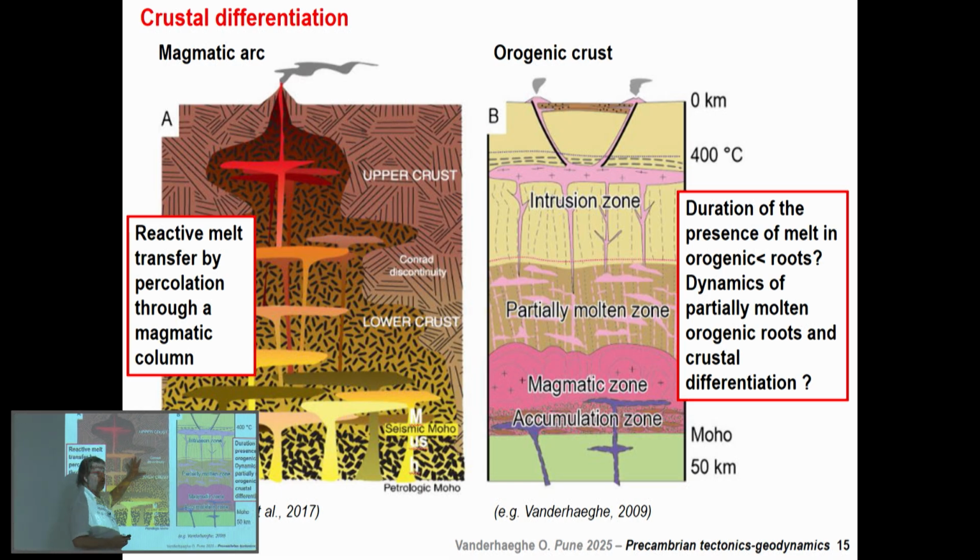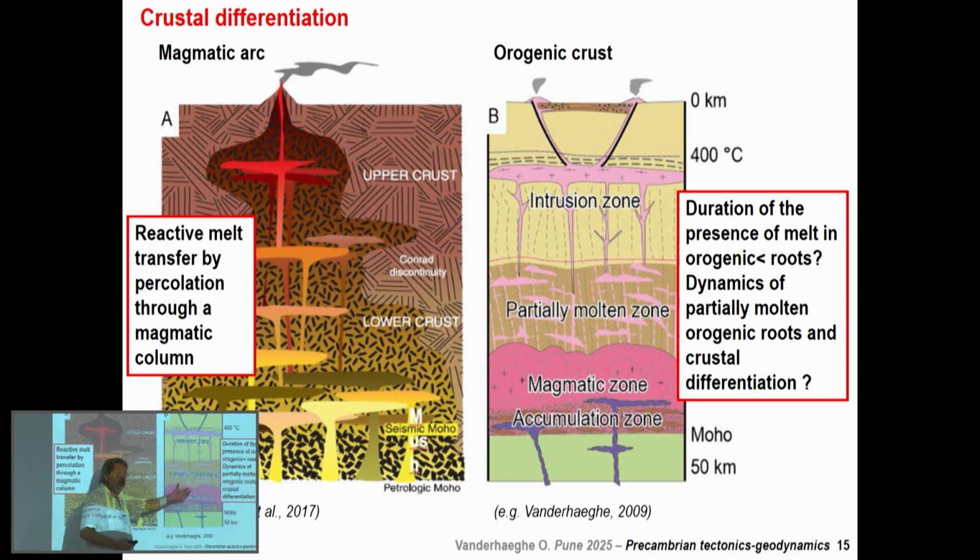It's not as simple as in magmatic arcs, so we have a history, and it's a two-step story with formation of a first crust by some kind of differentiation at first, and then a second event during orogeny, which leads to increase in temperature, melting, and segregation of melt.